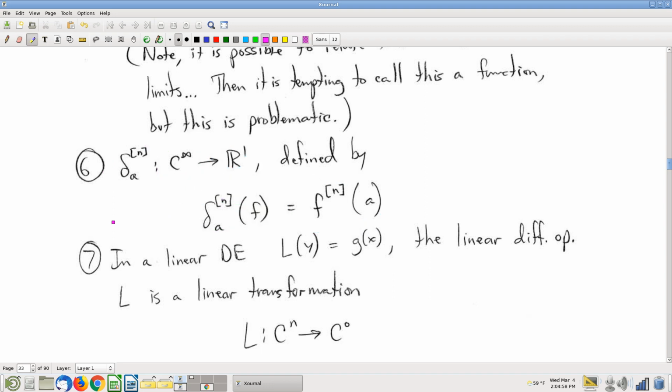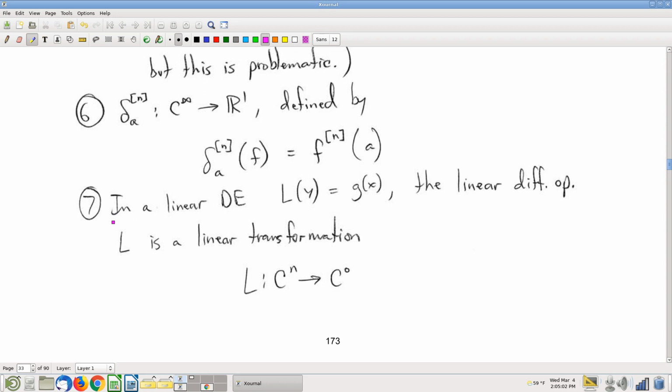Now a callback to one that you've already done. It's in the notes, and it was done in the pre-lectures. But way back in Chapter 4, when we were looking at what we called linear differential equations, note the usage. Here's the word linear. That means that there is a function somewhere in this conversation. Identify what is the function being discussed, and then interpret from this usage that this is in fact a linear transformation.